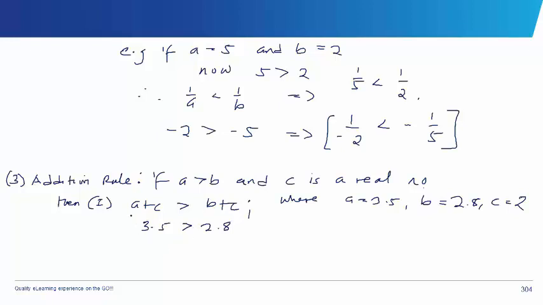Then a plus c greater than b plus c implies that 3.5 plus 2 will be greater than 2.8 plus 2. We find that 3.5 plus 2 is 5.5, and 2.8 plus 2 is 4.8. It's obvious that 5.5 is greater than 4.8, so this law holds.